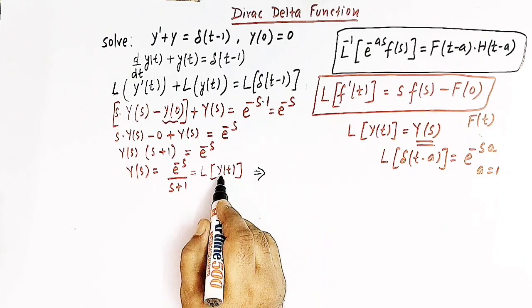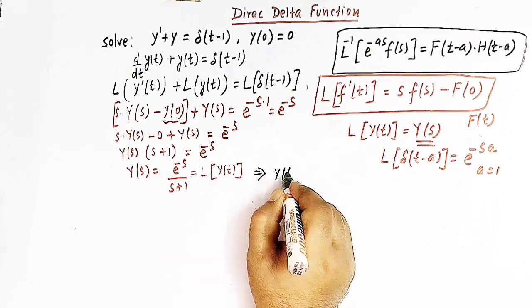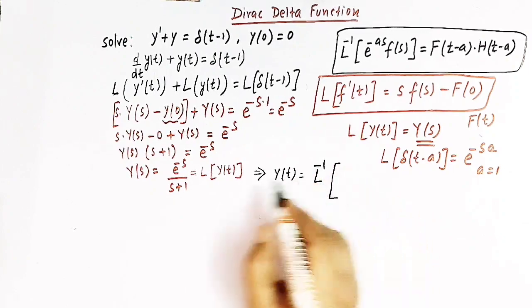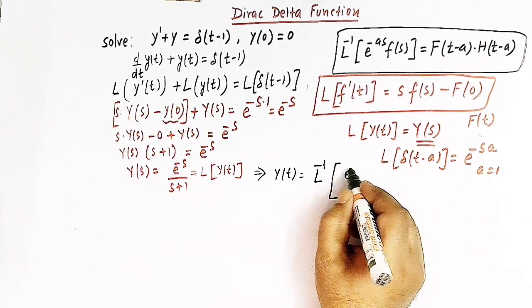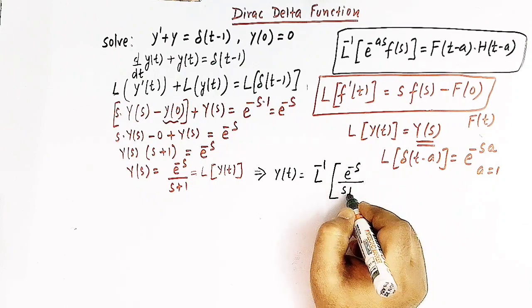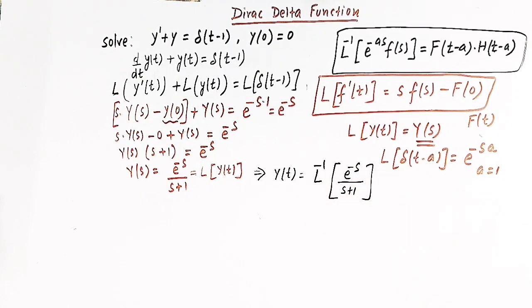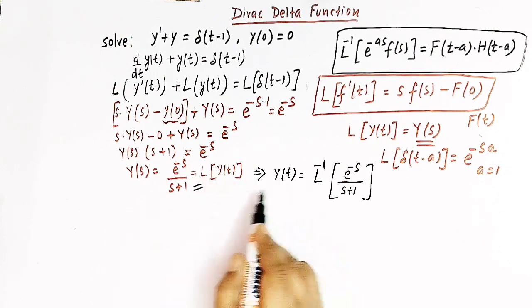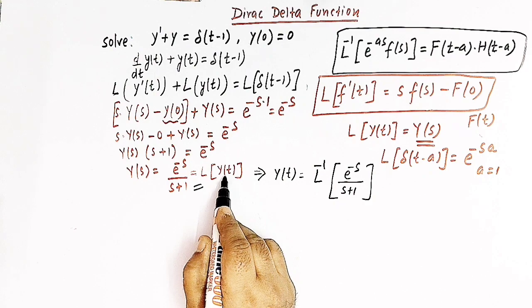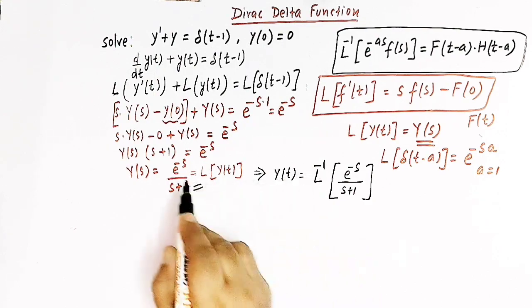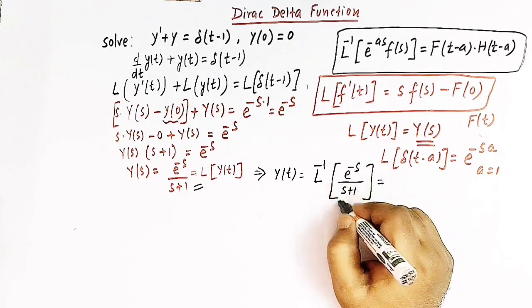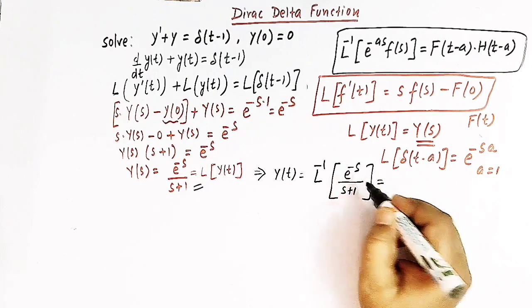From here we can write y of t as the inverse Laplace transform of the function e raised to minus s over s plus 1. So we have obtained the function y of t as the inverse Laplace transform of this function. Let us rewrite this function, which is a function of s.